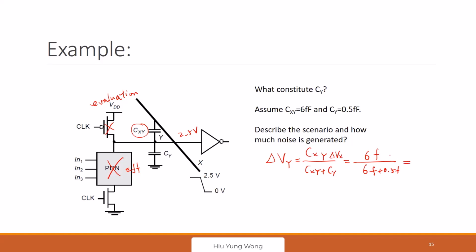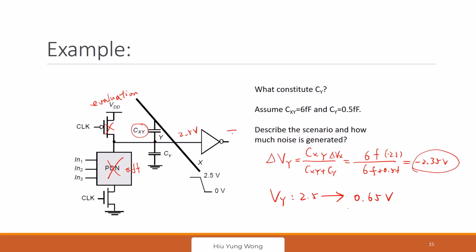So it's negative 2.5. So what is this? It gives a negative 0.35 volts. Okay, I mean, this is the delta, okay? So it means Vy changes from 2.5 volt to 0.65 volt. Okay, what's the problem?